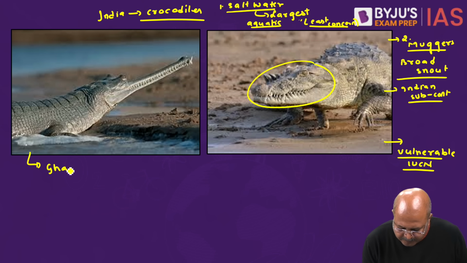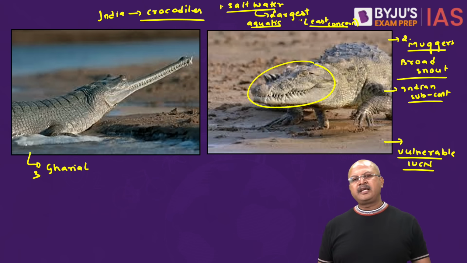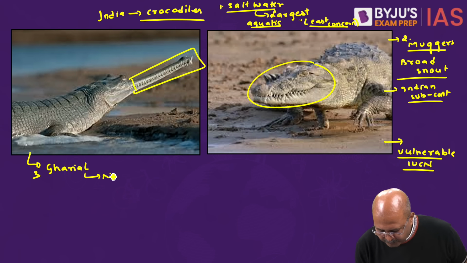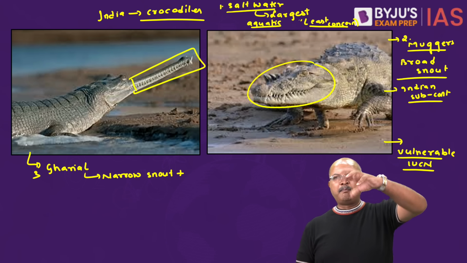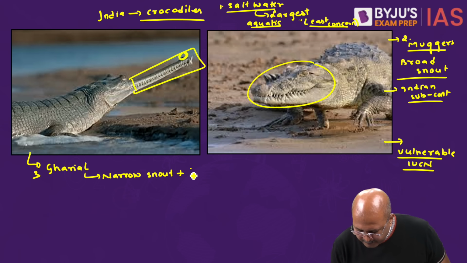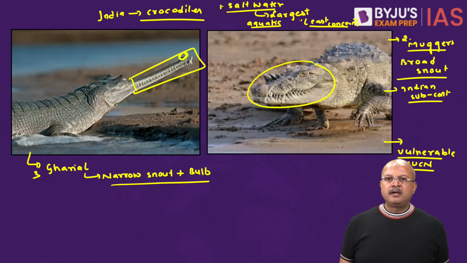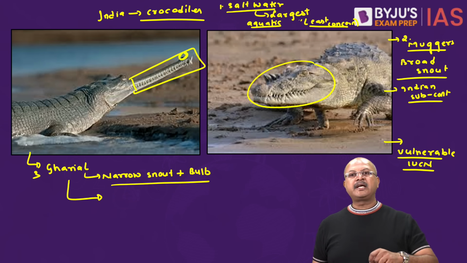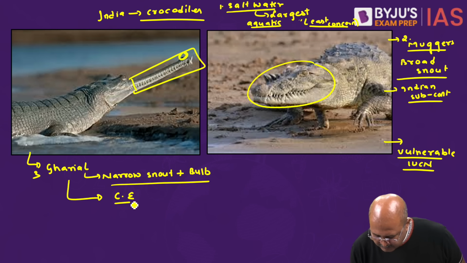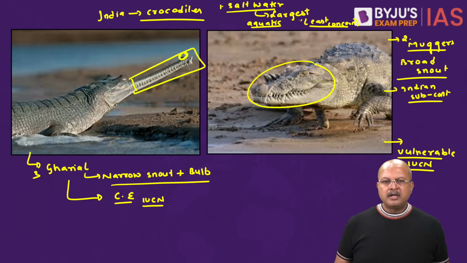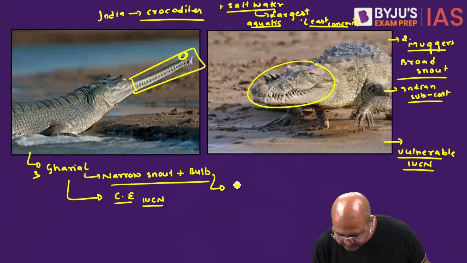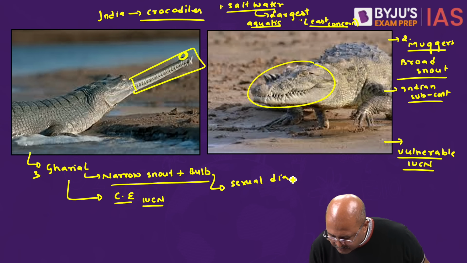Now the third category is gharials. These gharials have narrow snouts, or nose. Along with that, they also have the bulb above. And according to IUCN status, they are a critically endangered species. Apart from that, gharials show sexual dimorphism.